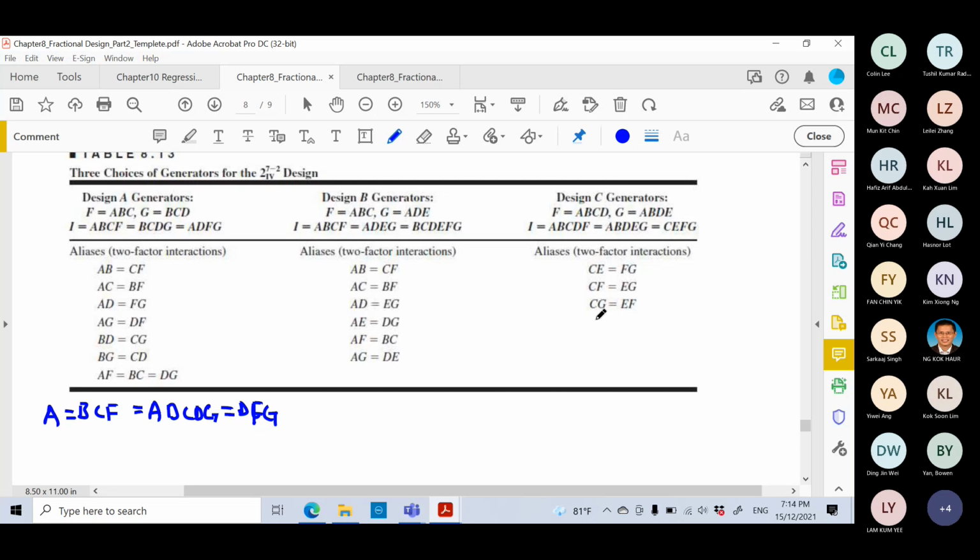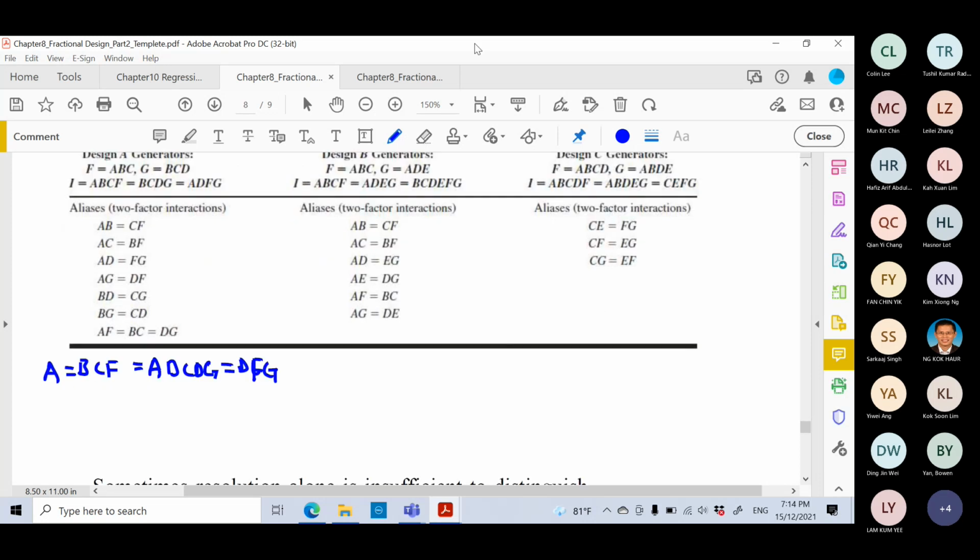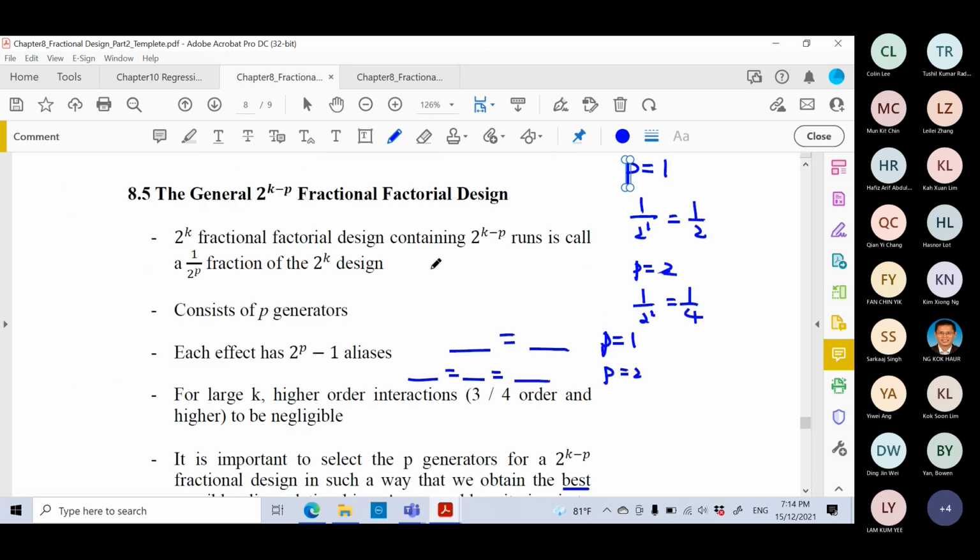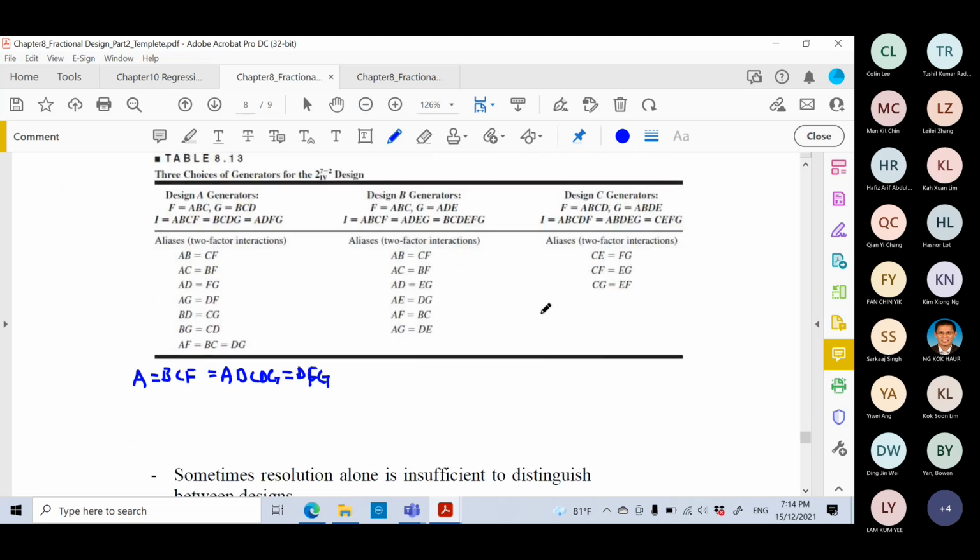So in our analysis, we will always choose those with the smaller alias structure, because the two-factor interactions in our case will be very important. In the following, I will just list it down. You can observe it here: this one is resolution 4, this one is 4, this one is 4.